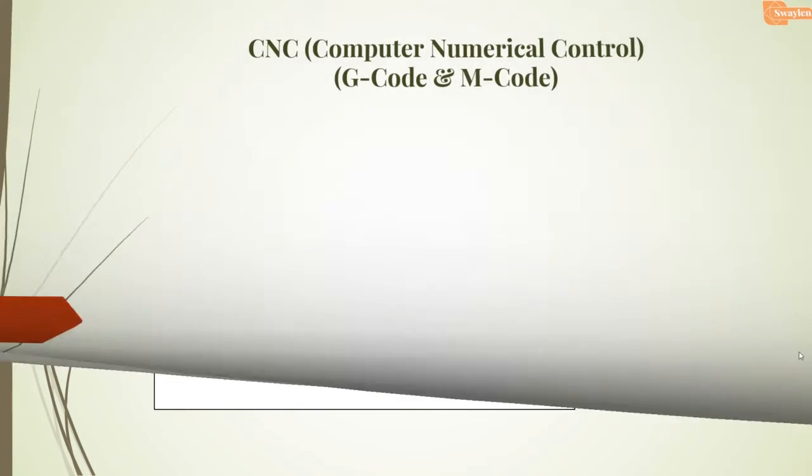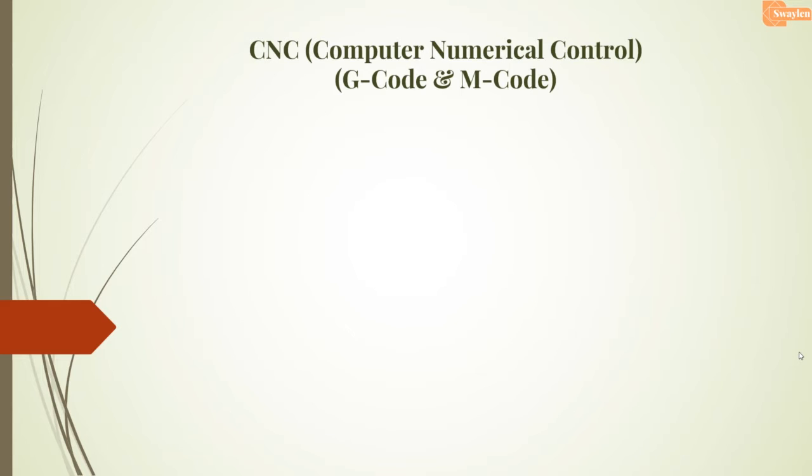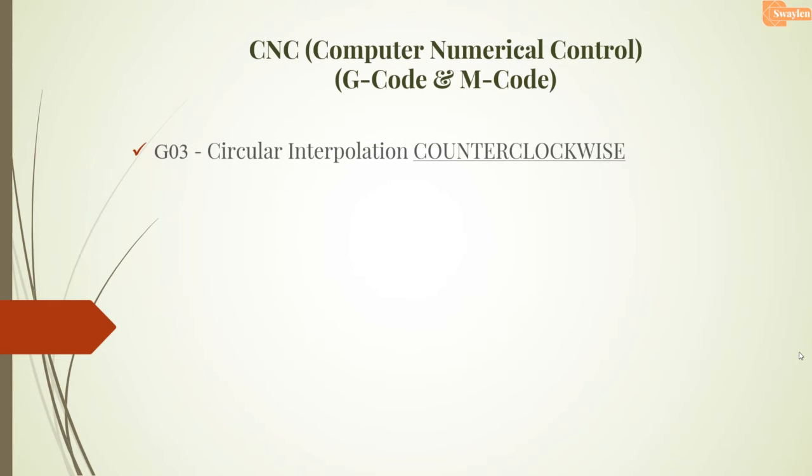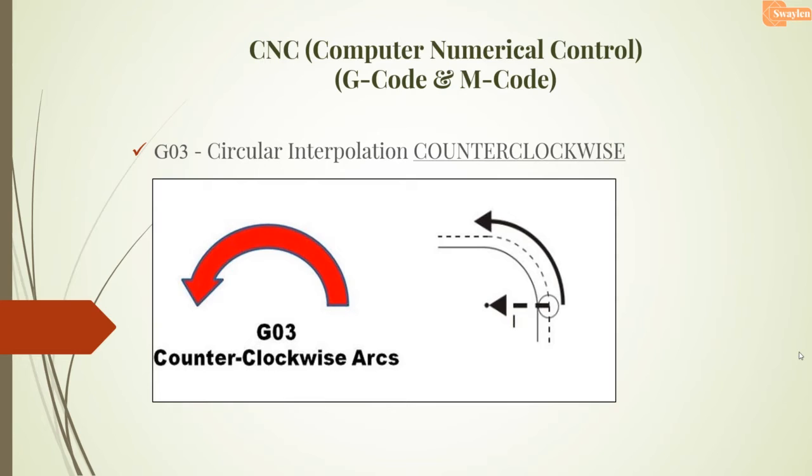Similarly, next one is G03, which means circular interpolation but in counterclockwise. You will easily understand by the image. Just G03 counterclockwise arcs. Okay, in the figure you will see G03 means the counterclockwise rotation. G04 for dwell time.